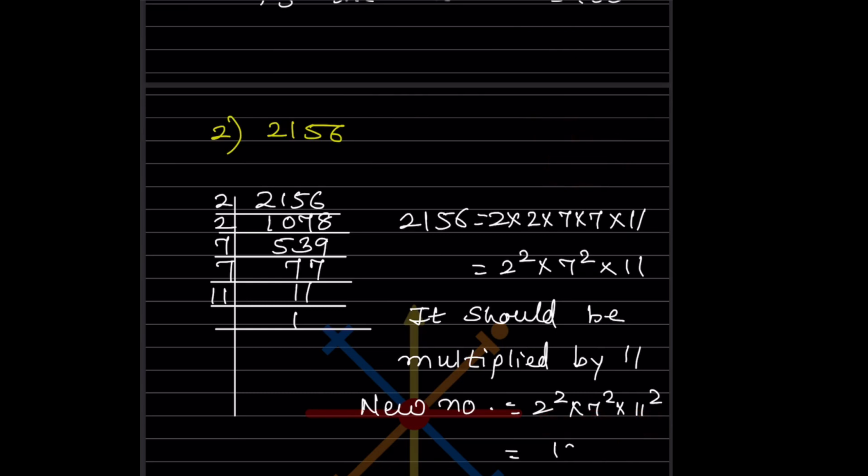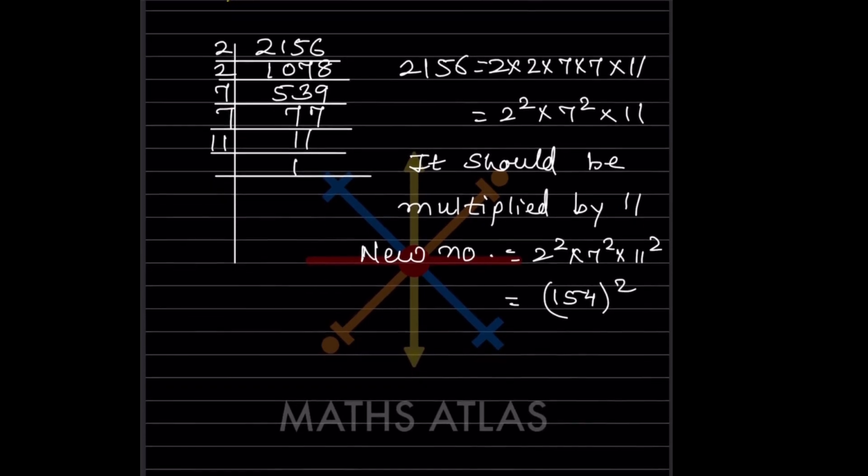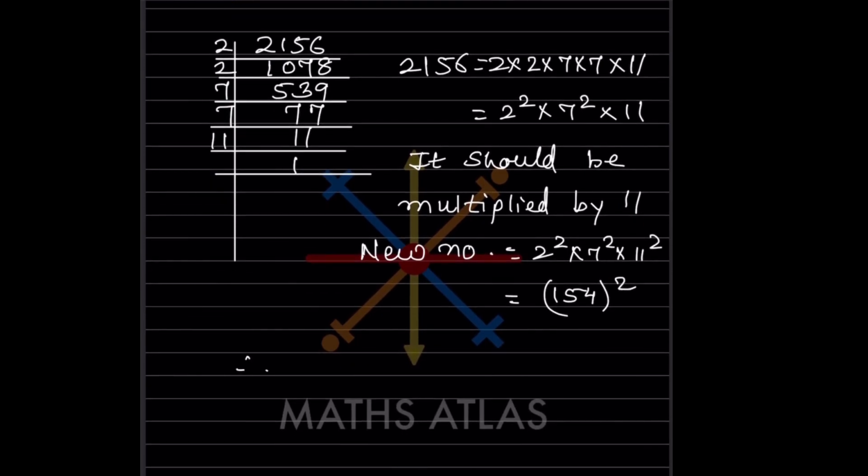So that will be 154 square. So therefore you will write the number whose square is the new number is 154.